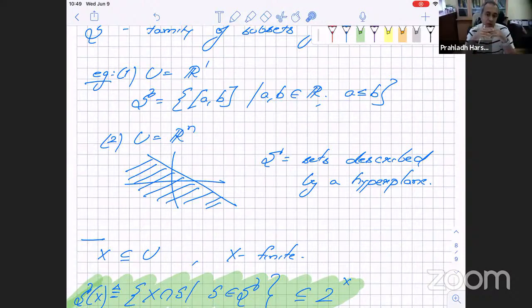So actually, I want to say there cannot be any set of size 4 that is shattered in the second example. Every set of size 4 is not shattered. The maximum size of a set that is shattered by the hyperplane is only 3. Even for 3, not all sets are shattered, but the maximum size that is shattered is 3.